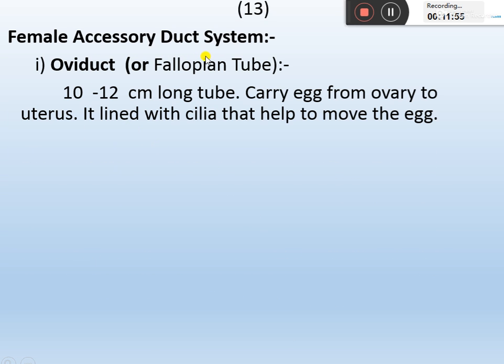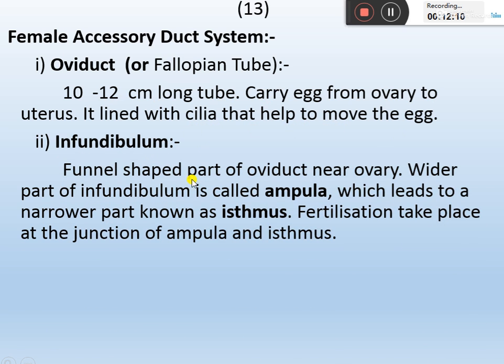Now, the female accessory duct system, the fallopian tube. It is a 10 to 12 centimeter long tube which carries the eggs from the ovary to the uterus. It is lined with cilia that help to move the egg. Infundibulum, the funnel-shaped part of the oviduct near the ovary. The wider part after the infundibulum is called the ampulla, which leads into the narrower part called the isthmus.